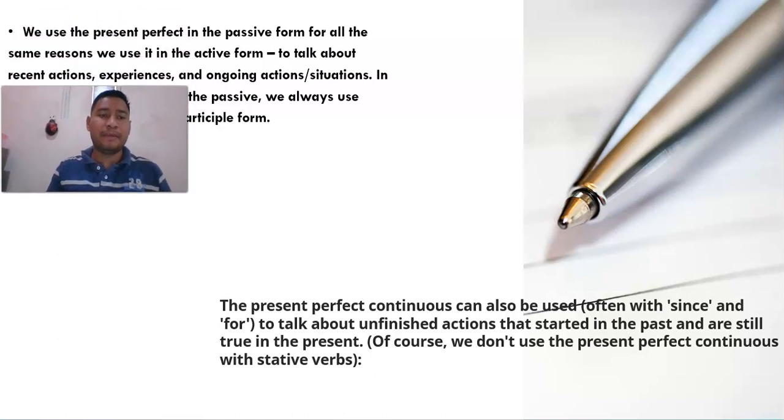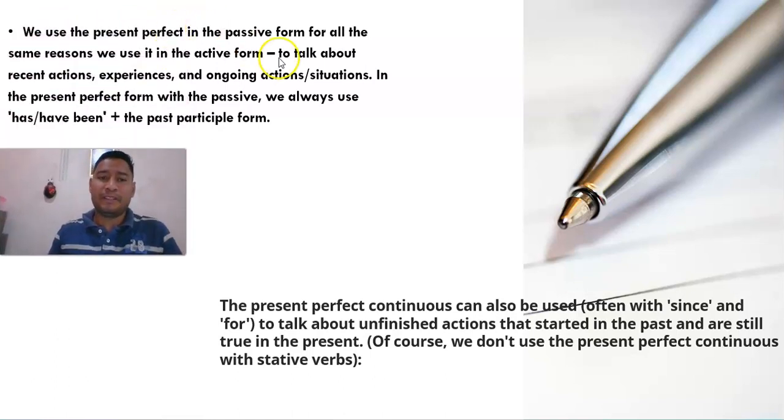in this slide. We use the present perfect in the passive form for the same reasons we use it in the active form: to talk about a recent action, experience, or ongoing action or situation. In the present perfect form with the passive voice, we always use has or have, depending on the pronoun.